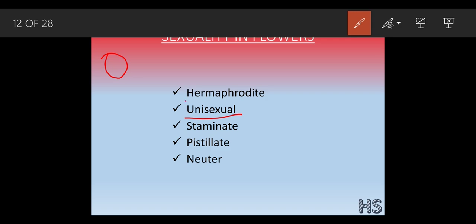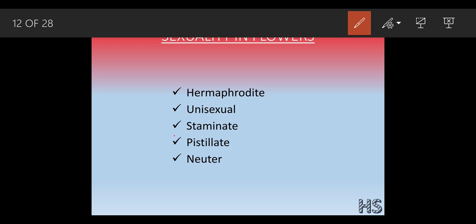In the above hermaphrodite, a flower was both in nature, male also and female also. In a unisexual flower, it could be a male or it could be a female. Unisexual flowers are divided into two parts, staminate and pistillate. Let's understand them.